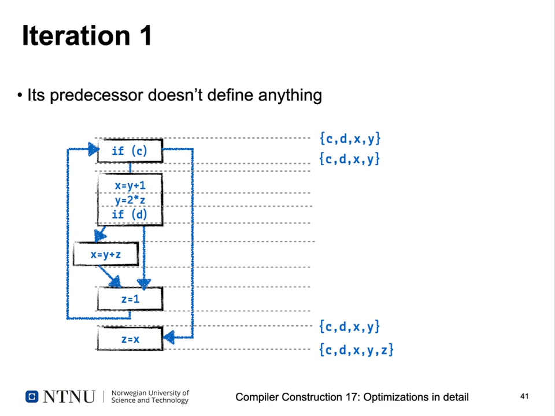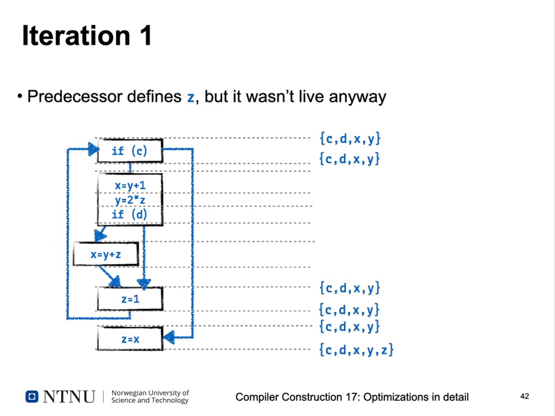So now the next step again follows our control flow graph backwards. The only way to enter the if, if we ignore entering it from the start, is from this arrow here, so from the z equals 1 assignment. Again, we copy the inset of our if to the outset of our assignment.